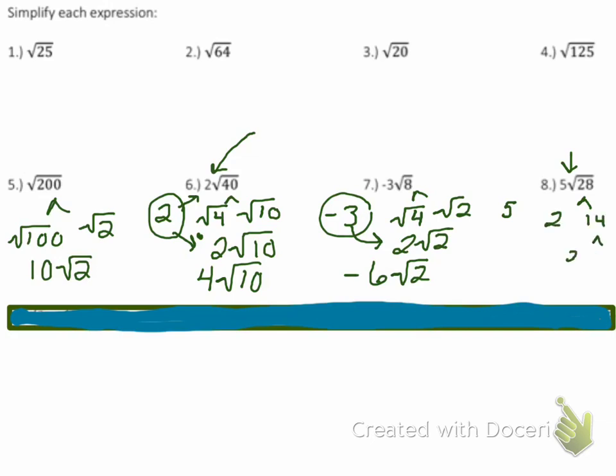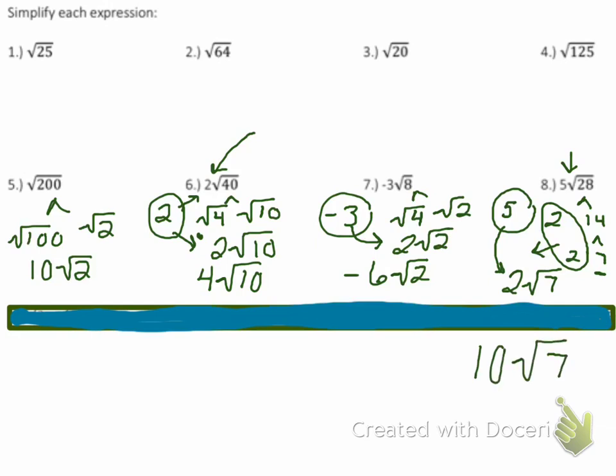And then I've got 2 and 7, which breaks apart the 14. So I see a pair of 2's and a 7 remaining. That means one 2 can come out, and the 7 is left under the radical sign. And then I can't forget about the 5 that was out there in the beginning, so I'll multiply that by 2. And so I get an answer of 10 root 7.